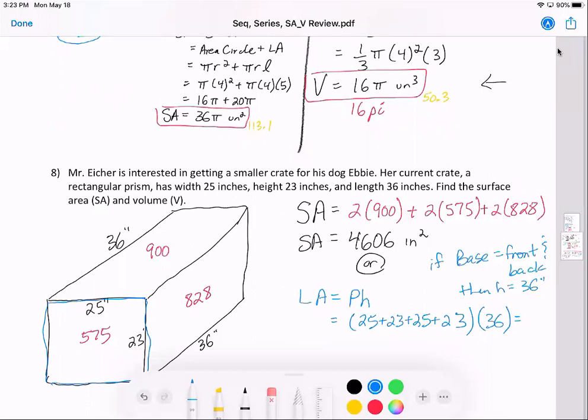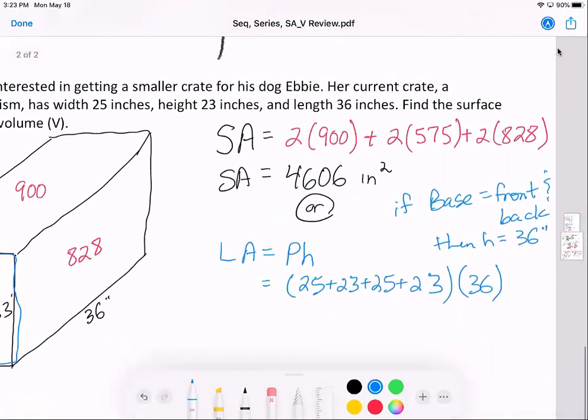So if I wanted the surface area, I would take the lateral area plus 2 bases.